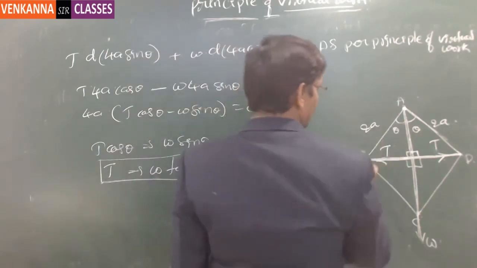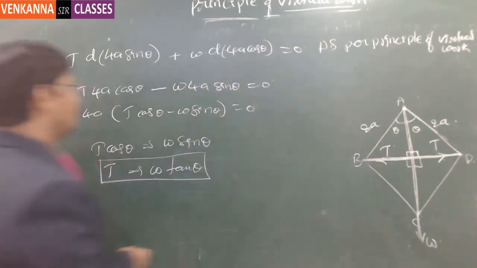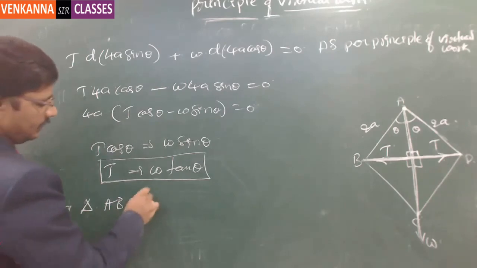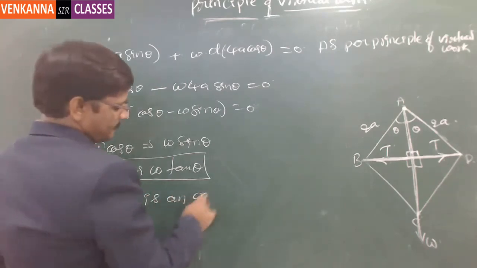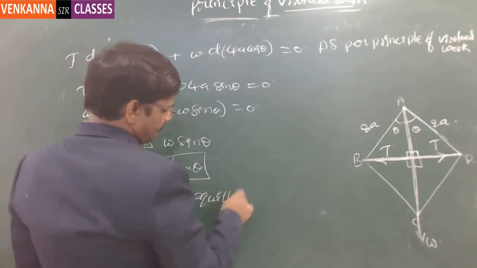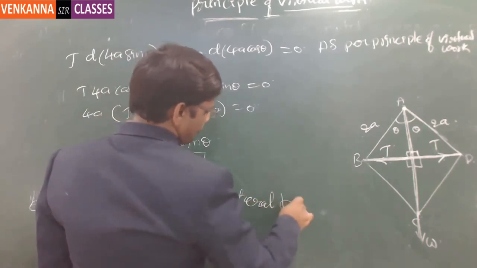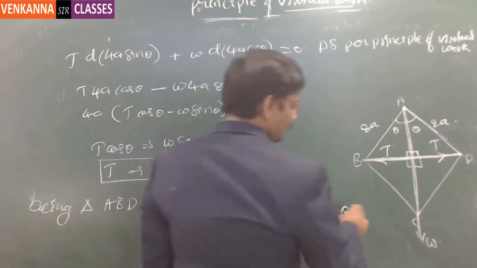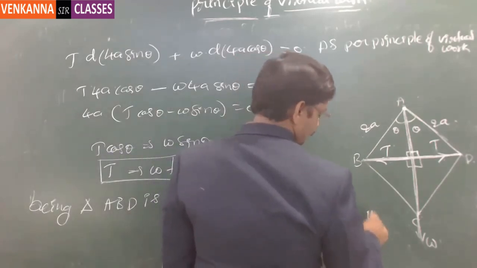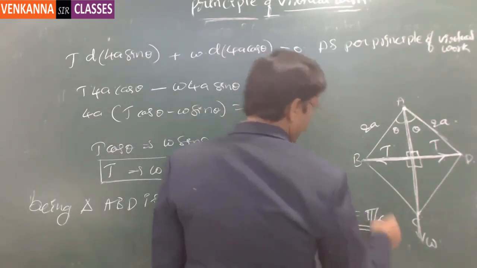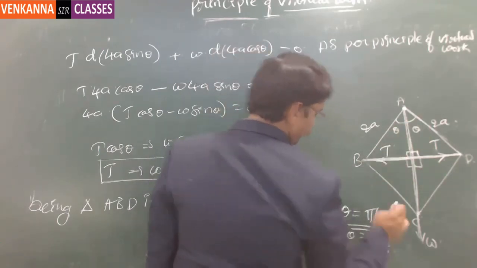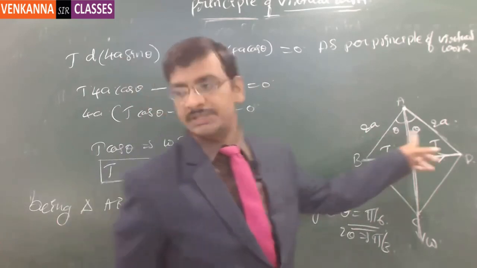Being so, triangle ABD is an equilateral triangle. If it is an equilateral triangle, obviously theta is equal to 30 degrees, pi by 6. Why? Because 2 theta equals pi by 3, so 2 theta is equal to 60 degrees.